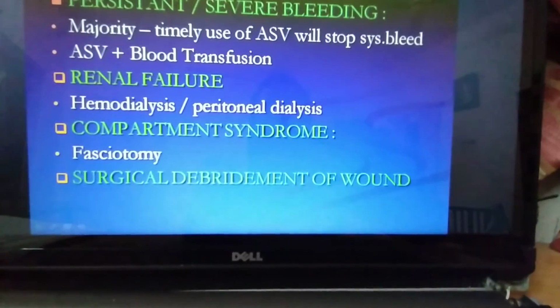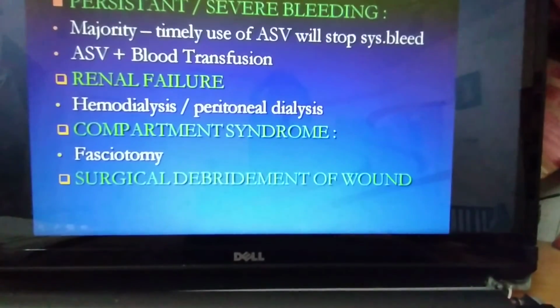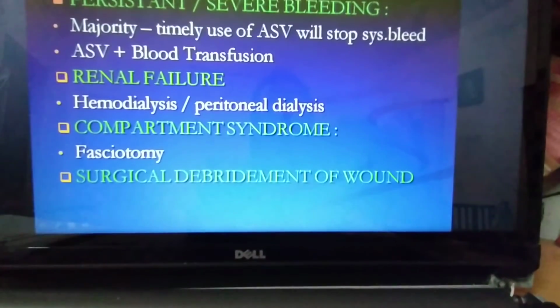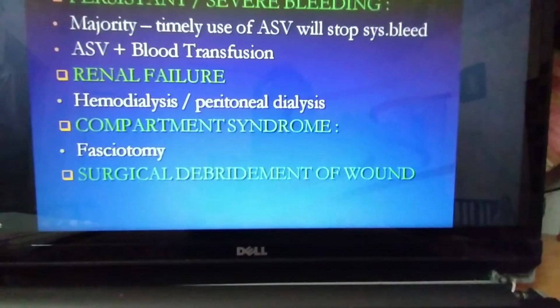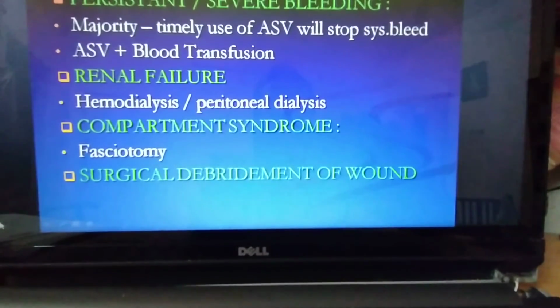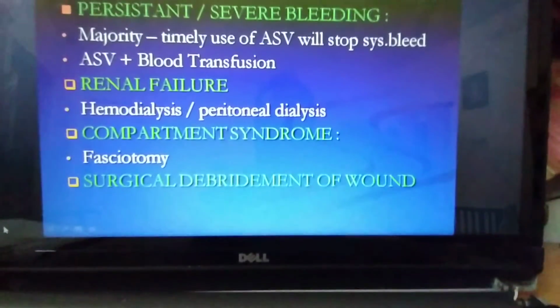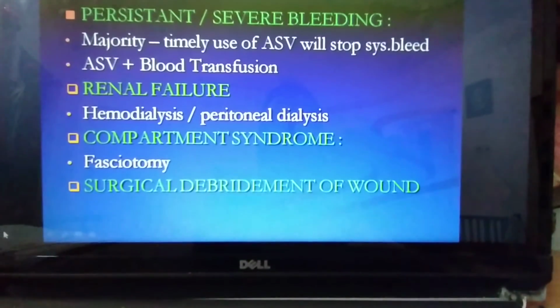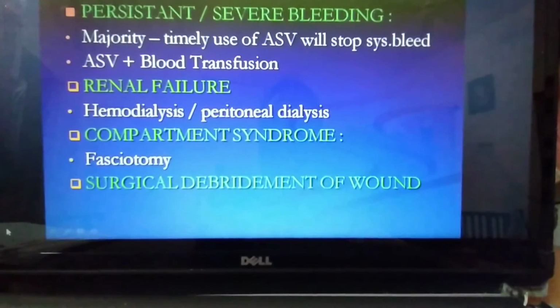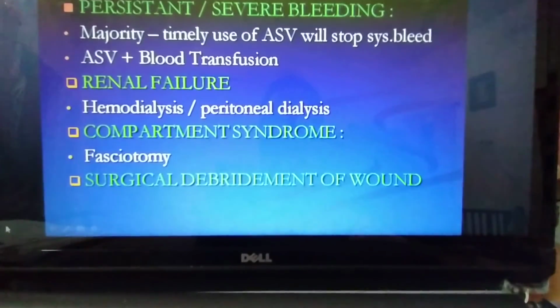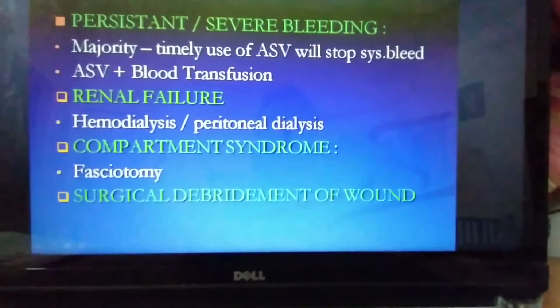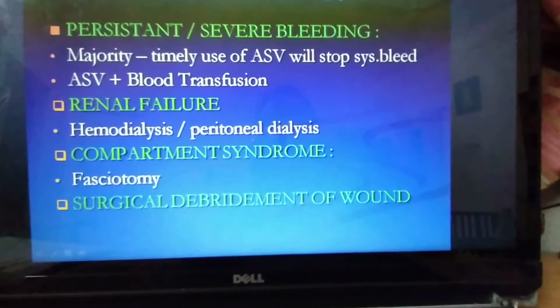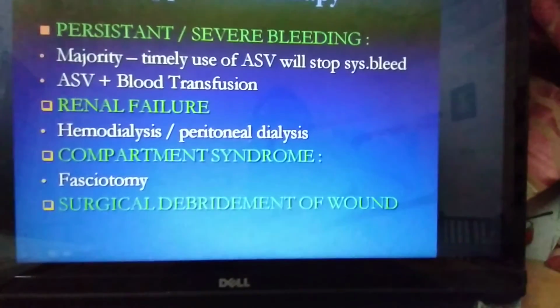For compartment syndrome, fasciotomy can be done, and surgical debridement of the wound may be required. Sometimes surgical intervention is required when there is high bleeding, such as a cerebral hemorrhage, and then surgical intervention should be done.